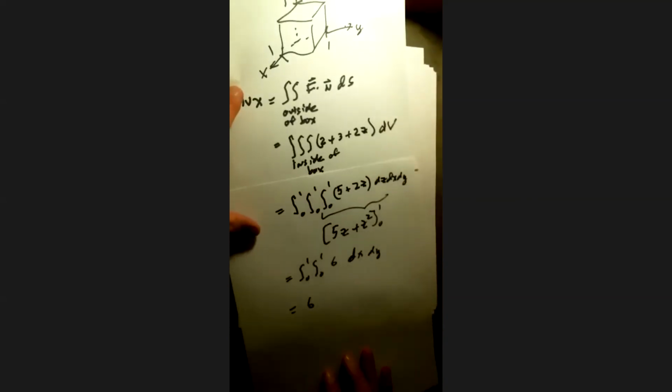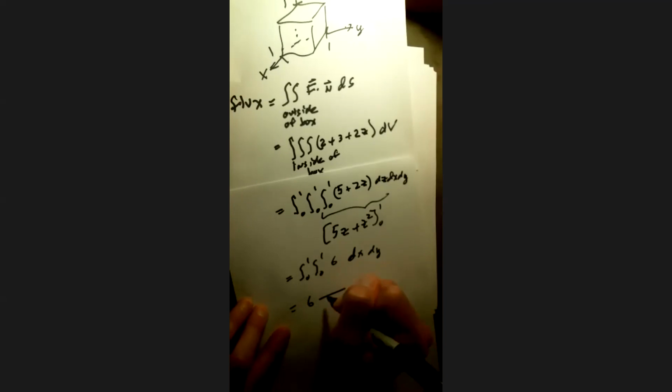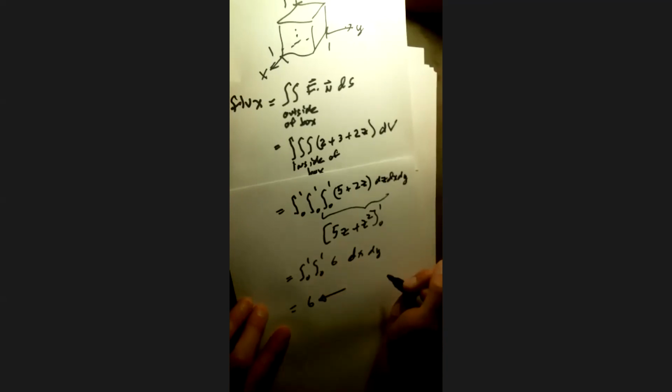So what does this 6 represent? It represents the flux, or in other words, the amount of stuff that's going out of the box. Is the box itself a sink or a source? A source.